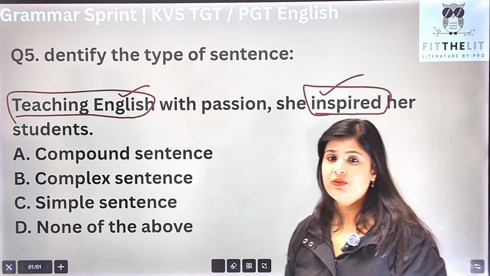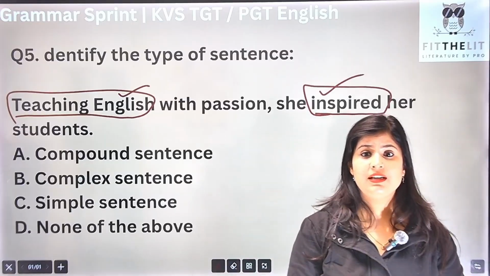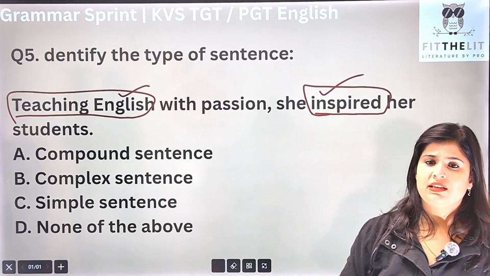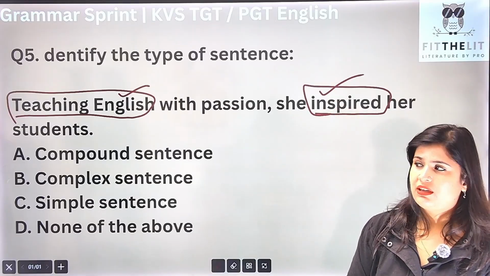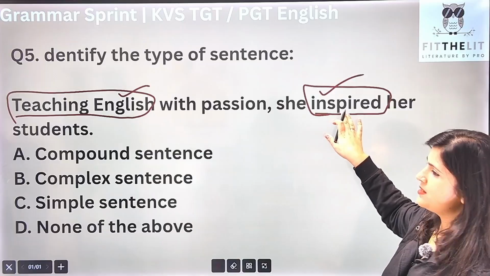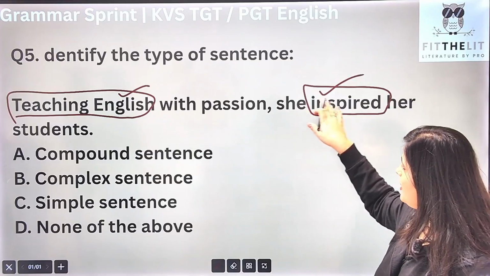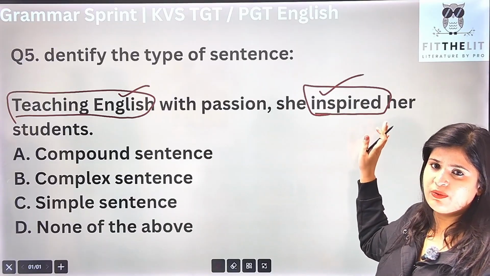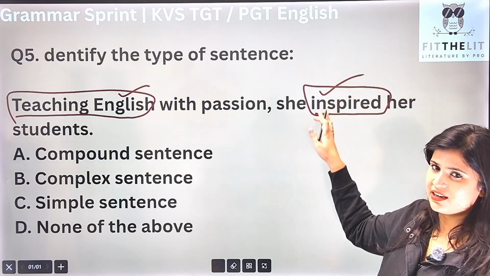अगर आप वो trick use करेंगे where you change the tense of the sentence, तो भी आपको realize होगा कि सिर्फ ये verb change होता है. For example, teaching English with passion, she inspires, or she is inspiring, or she has inspired. So which is the verb that is going under transformation?